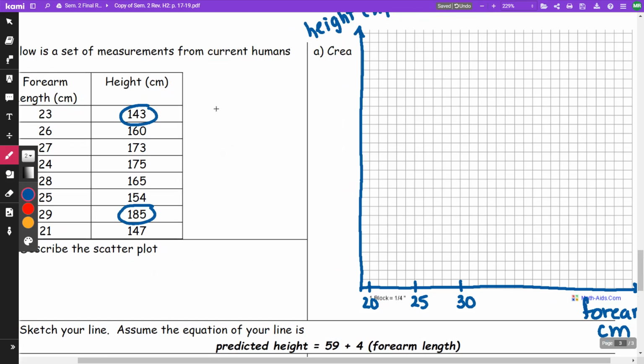So if I start with 140, and then 2, 4, 6, 8, 10, 150, and so on up to 160, 170, 180, 190.